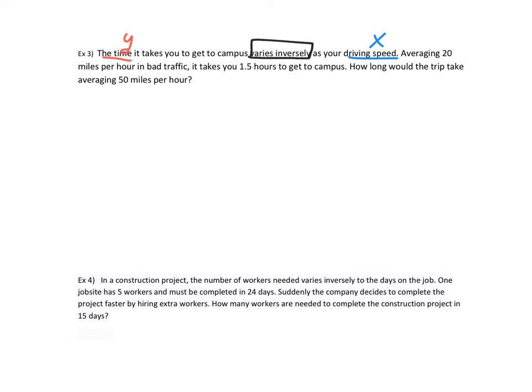So from that information, 20 miles an hour, that's going to be the speed. That's an x. The 1.5 hours to get to campus, that's the time. That's the y. We're going to stop right there because the second part of the question, we're going to need to find a new time given a new driving speed. So this is like a 2-part little question here.